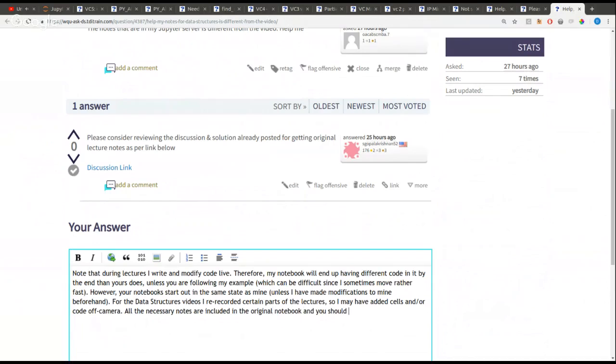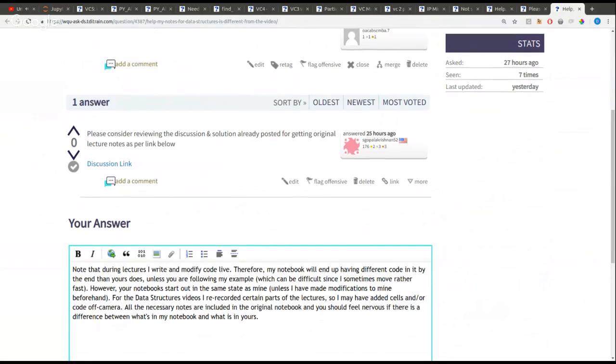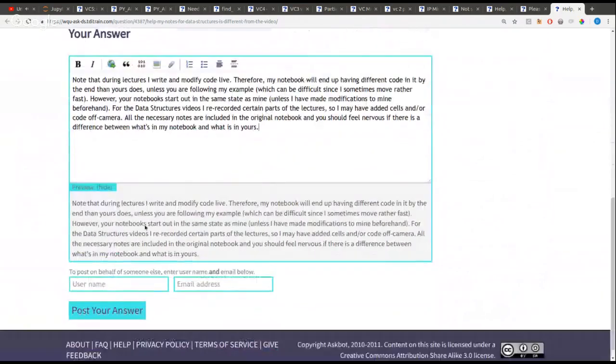And you should not feel nervous if there is a difference between what's in my notebook and what is in yours. I always start with a notebook identical to yours.